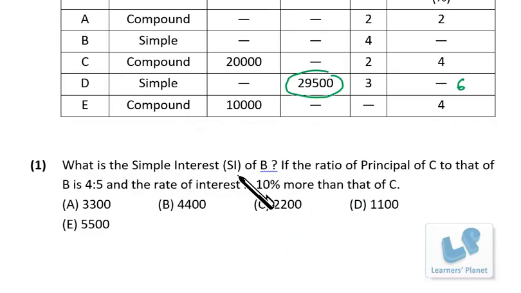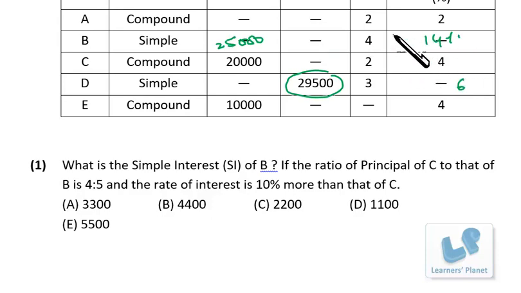What is simple interest of B if the ratio of principal of C to that of B is 4:5? So C is 20,000 and the ratio of C to B is 4:5. That means if it is 20,000, it must be 25,000. Okay. And rate of interest is 10% more than that of C. So C, if it is 4%, then it has to be 14%.